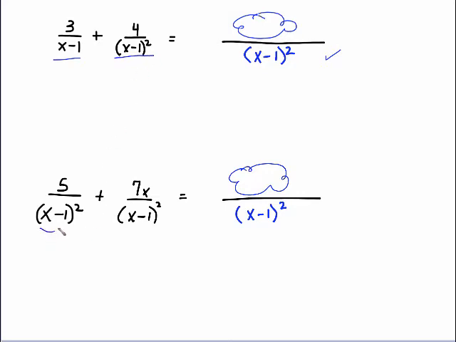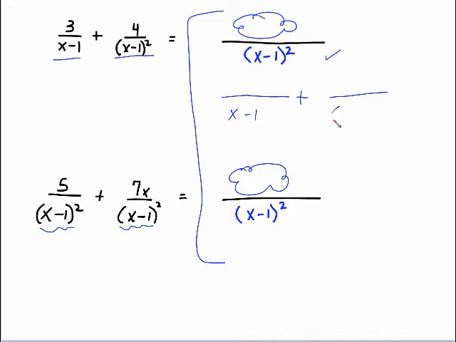Or was it this, where it was x minus 1 squared for both? Since we don't know, we have to account for both possibilities. So under this possibility, over here, we're thinking, it could have been x minus 1, it could have been x minus 1 squared, or it could have been both of them being x minus 1 squared.